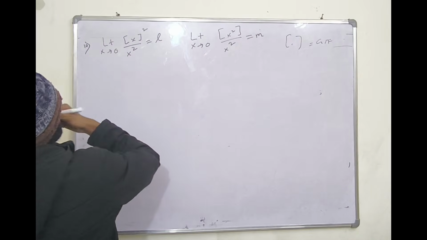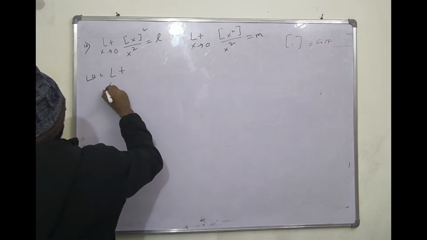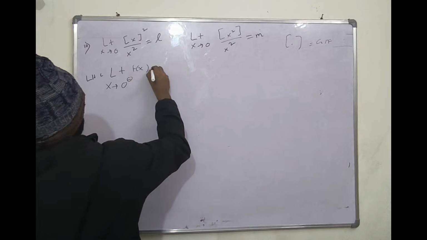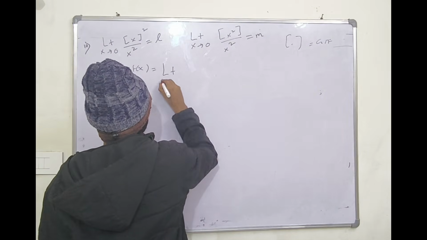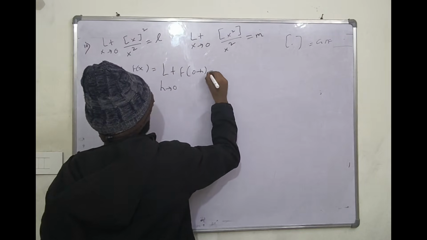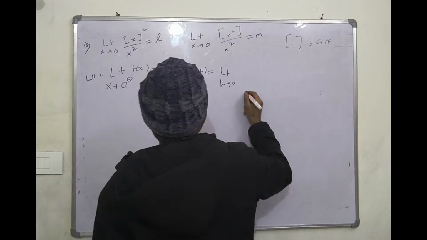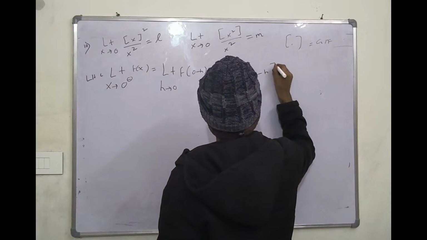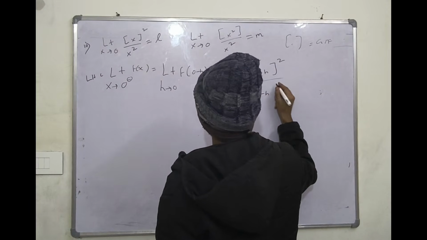Okay, let's consider this function. Let's find the left hand limit. Limit x tends to 0 minus f of x equals limit h tends to 0 f of 0 minus h, which is step of 0 minus h whole square, by 0 minus h whole square.